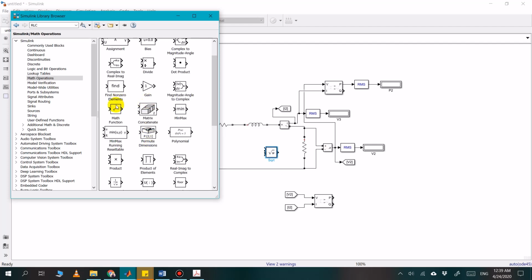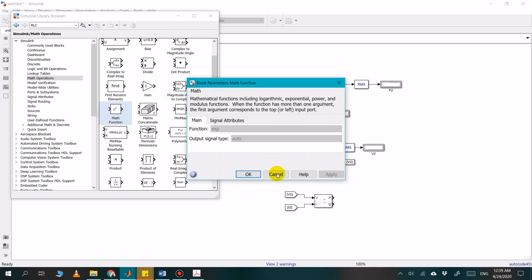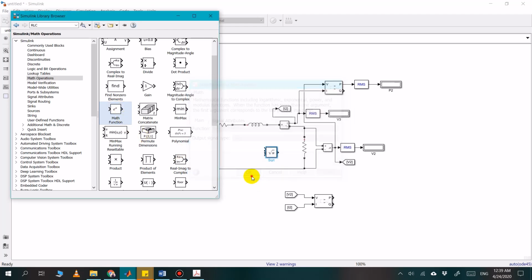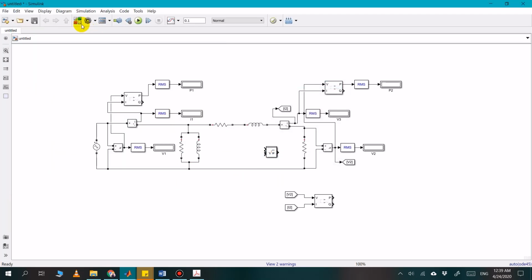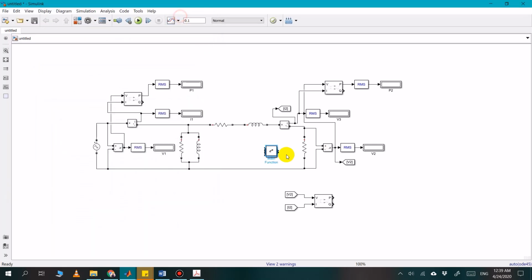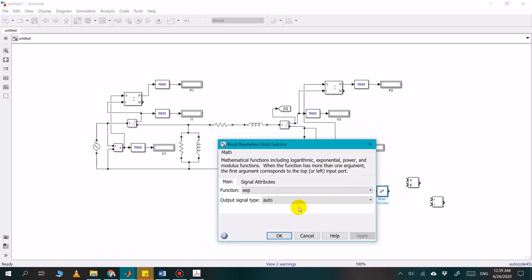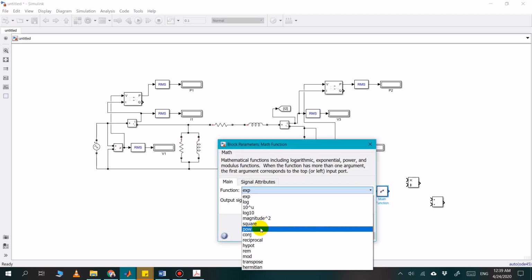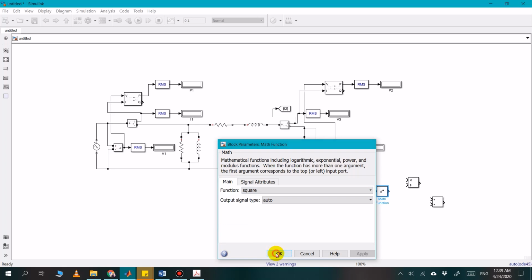Math function, this. Okay, so we need P square plus Q square. Okay, this is the math function, make it square.